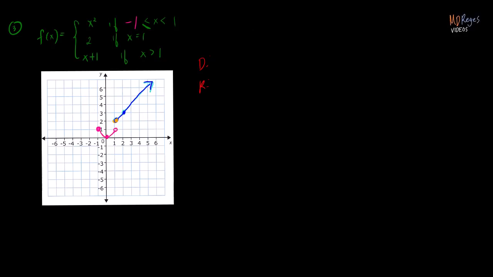Because we have a shaded circle. So to indicate that -1 is included in the domain, we use a bracket. The rightmost point, well, we don't know where that happens because of this arrowhead. So we don't know where that happens, so up to positive infinity, just because the line goes all the way and we don't know where it stops.